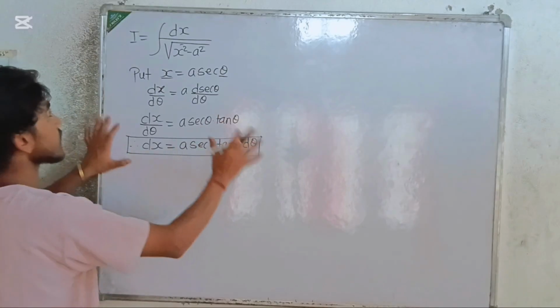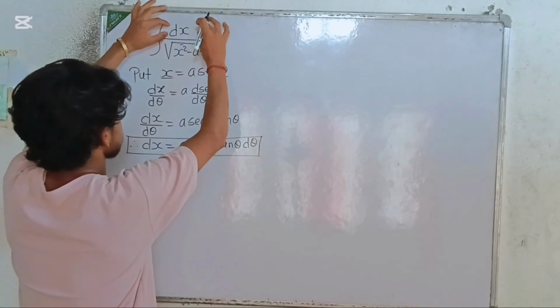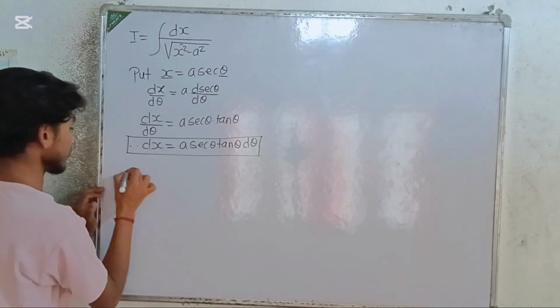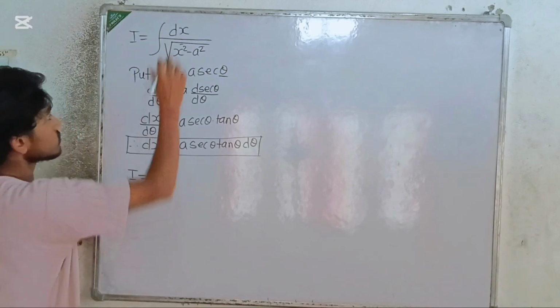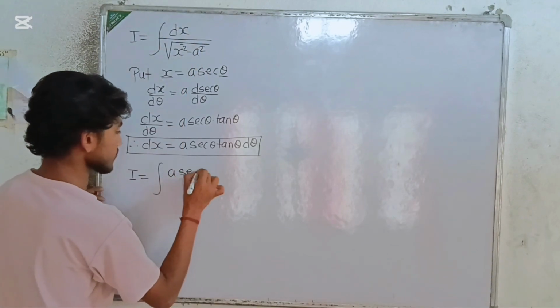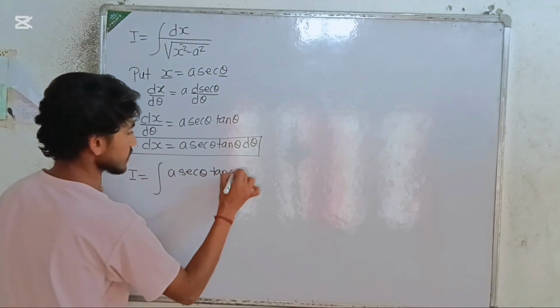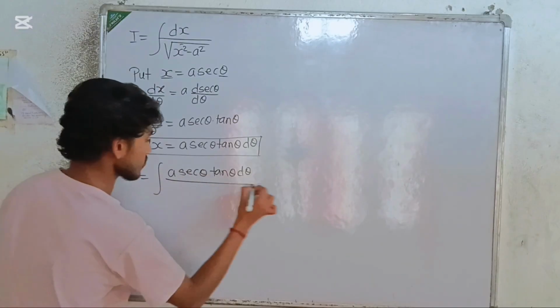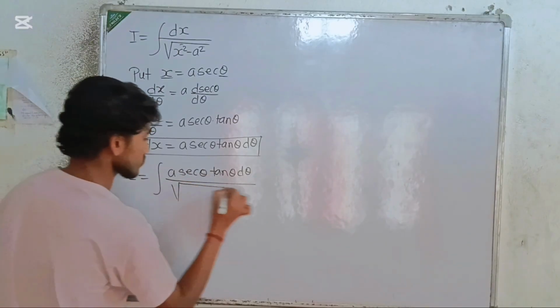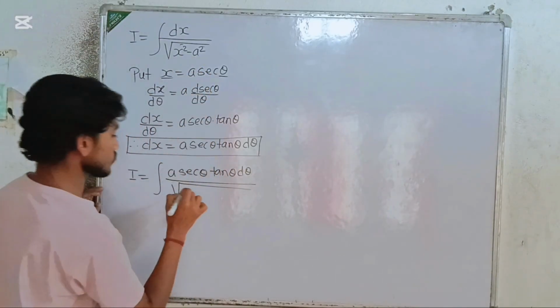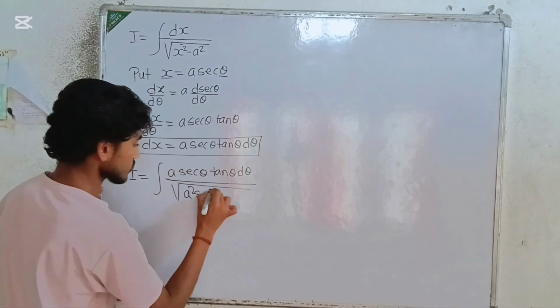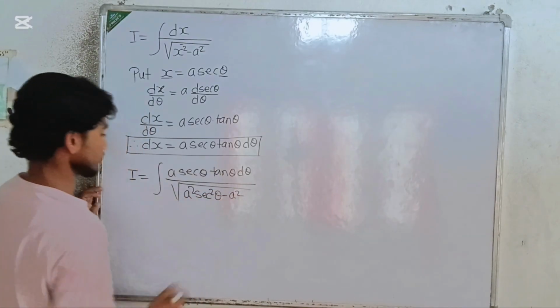Once you get the result for dx and x, you can get your integral to look like this. In terms of dx, you write a sec theta tan theta d theta divided by the square root of x squared, which is a squared sec squared theta minus a squared.